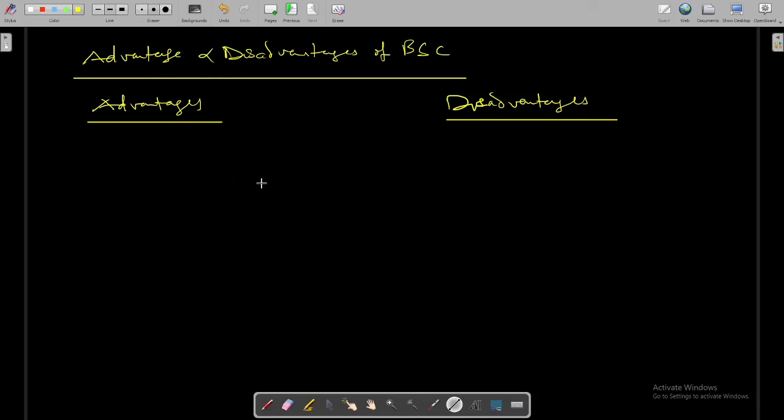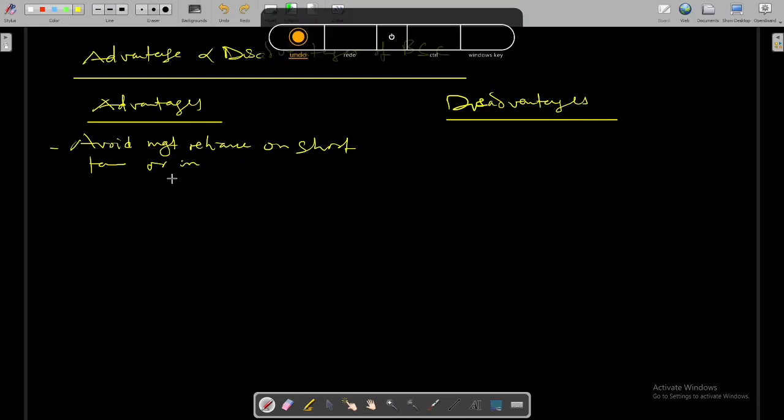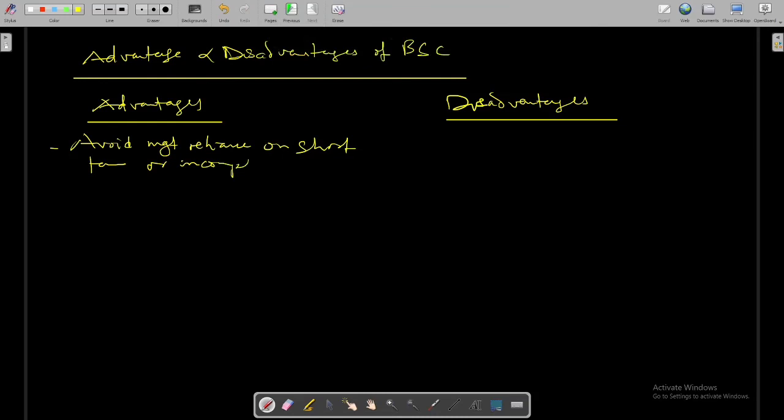Now, for the advantages, the balanced scorecard helps to avoid management reliance on short-term or incomplete financial measures.